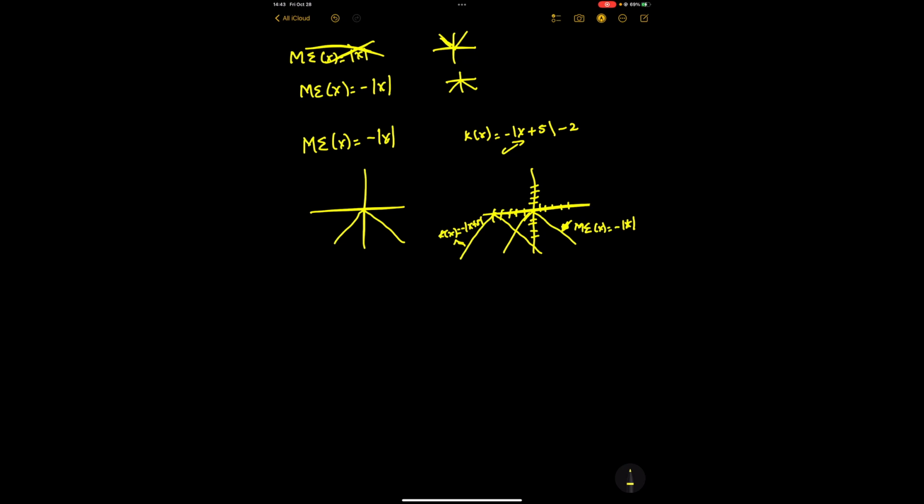Now we have negative 2. So what is next? Is it together with the x and 5? No, it's separate. So that means it is a vertical translation. Is it positive or negative? It's negative. So is it gonna go up or down?